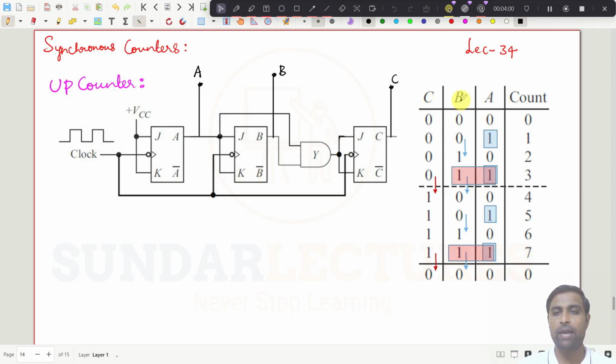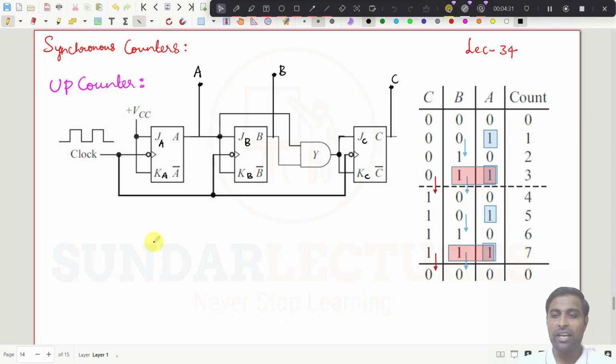This is the output A, B, C. Then what we have done here: the output of the first JK flip-flop is taken as A, and that is connected to the input of the second flip-flop. Try to understand. Let me write down. This is JA, KA. This is JB, KB. This is JC, KC.